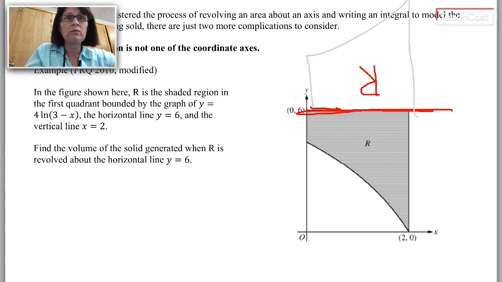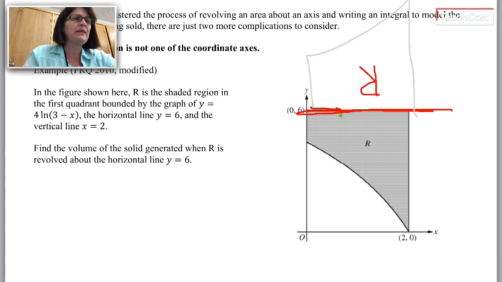So remember the rules. This is the first time we've had to go in a different direction. I'm going to start drawing my slice at the axis of revolution. I'm going to draw toward the original boundary. So I'm going to draw toward the edge of my double picture, but toward the side where I actually know the equation for the boundary.